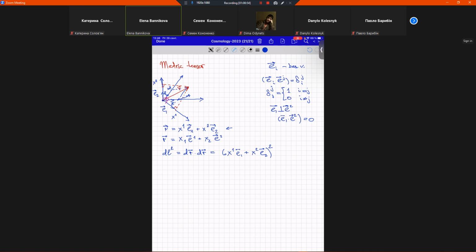Sorry, I need to put d here and d here. What I will have is e1 square dx1 square, plus the square of the second summand, e2 square dx2 square, plus 2 e1 e2 dx1 dx2.